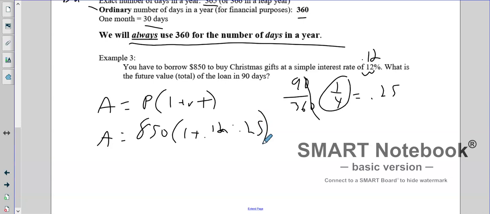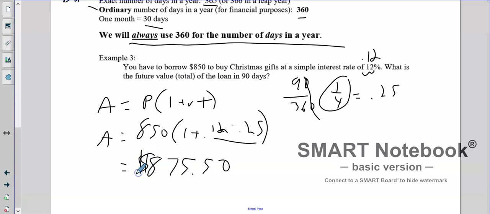Now remember, when you're doing this, if you're doing it all in one step, you've got to be careful because it's going to want to multiply first, which is math, okay? I personally like to do that first and then add 1, then multiply by 850, but you can do whatever way is comfortable for you, all right? And when you type this in the calculator, you will get $875.50. Again, the calculator is going to tell you 875.5.